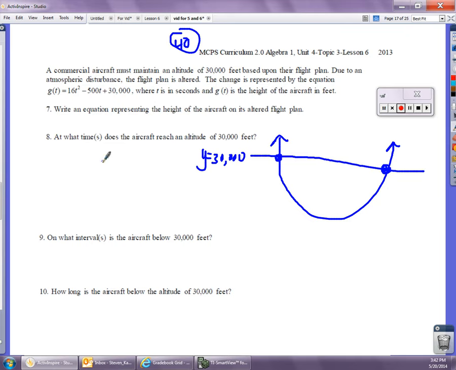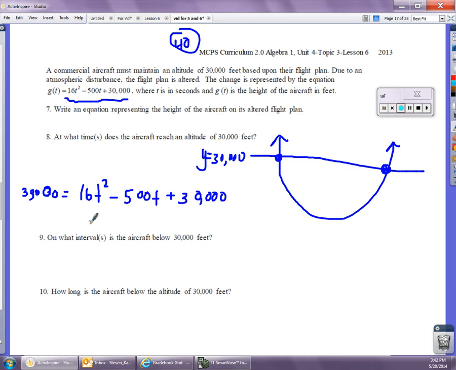In order to do that, this is our path of the plane, and we want to know when does it reach 30,000. So if we set this equation equal to 30,000, we have to solve this quadratic because that'll give us the time that this airplane is at exactly 30,000 feet.